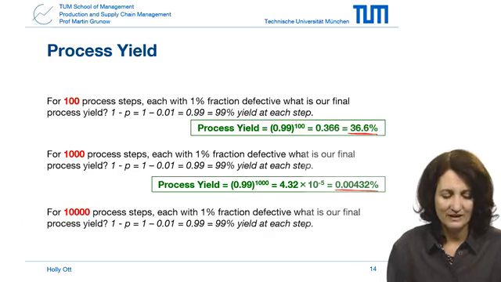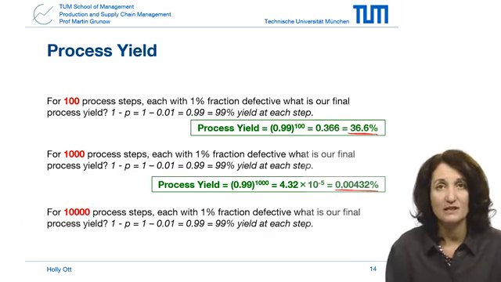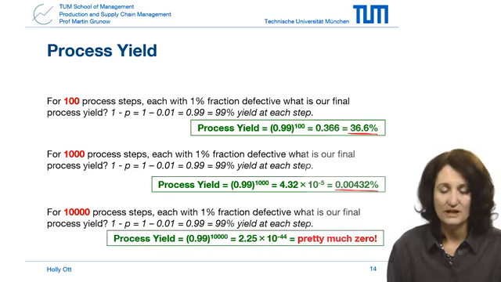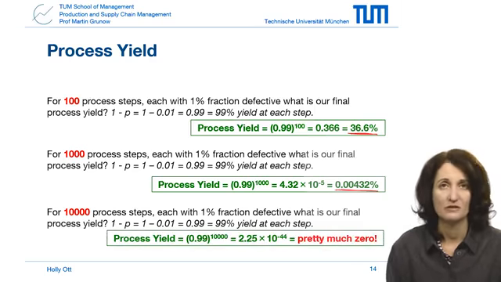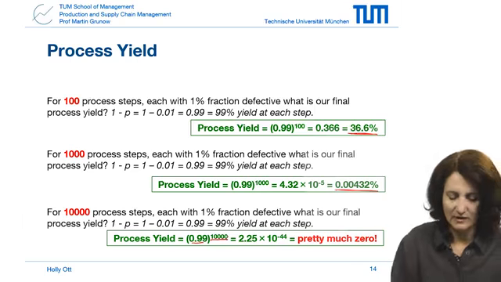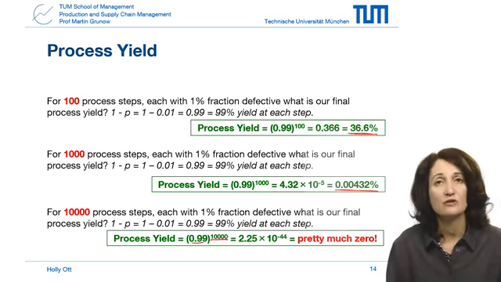And what if we have 10,000 process steps, each with 1% fraction defective at 99% yield? Pretty much zero end process yield. By the time you take 0.99 to the power of 10,000, you don't have any good parts out.